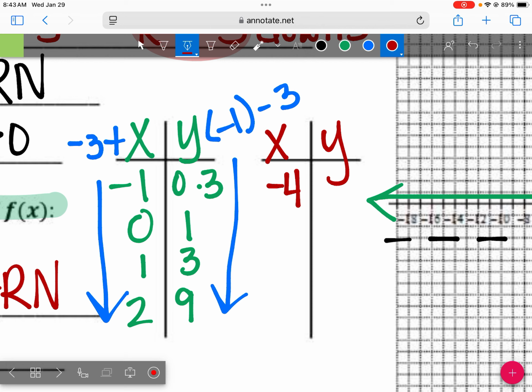So you're adding -3 to all of your x values. To all of your y values, you're multiplying them by -1, and then you're subtracting 3.